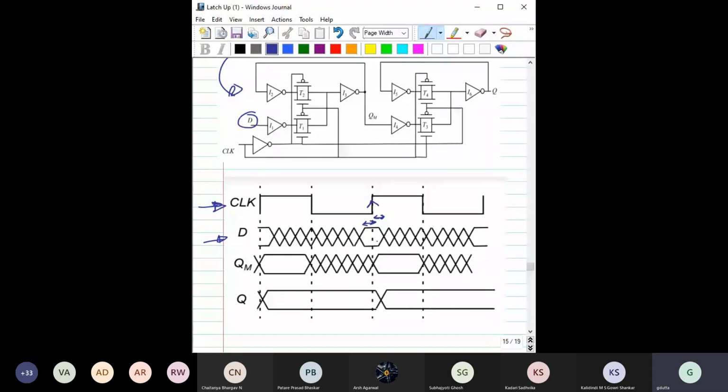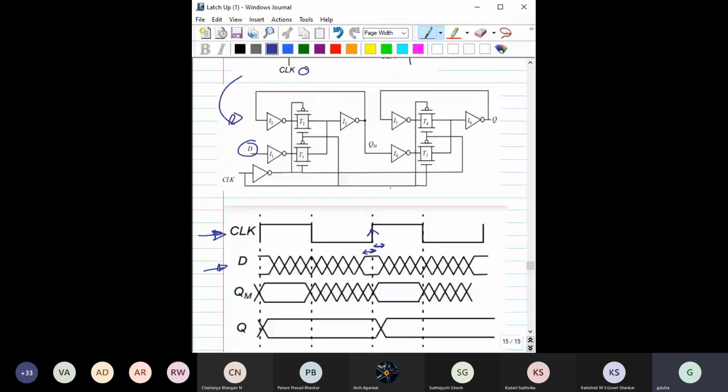Now, this particular time, there is a particular timing. What do you think? Why do you think this D should be stable for at least some time before this positive edge of the clock? From this circuit, can you guess? The question is why D should be stable.